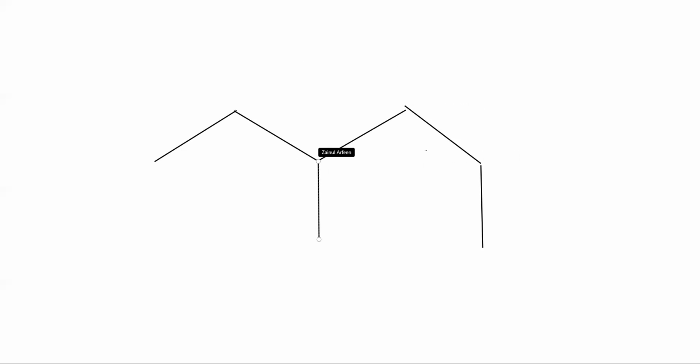The best thing to do is mark the ends, like this is A, B, C. When I count from A to B, there are 4 carbon atoms, because first I have to select the longest chain. From B to C, 1, 2, 3, 4, 5. From A to C, 1, 2, 3, 4, 5, 6.